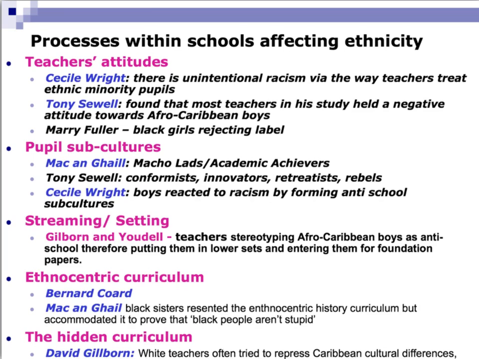So, for example, many black boys might be criticised for the way they walk, or sometimes even the way they sit, or the way they dress, or sometimes even the way they speak. As a result, they would end up being behaviour managed simply for acting in what was normal for their cultural heritage. So it's an argument that the hidden curriculum itself was ethnocentric, I suppose.